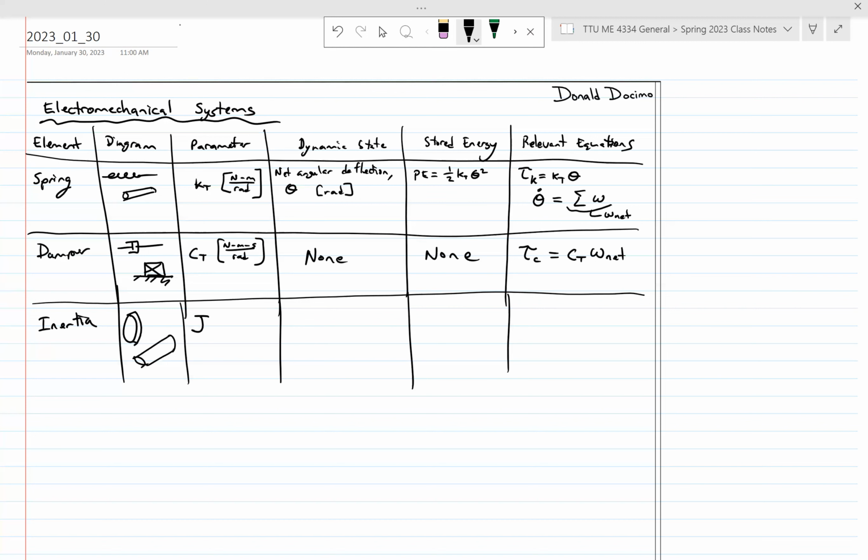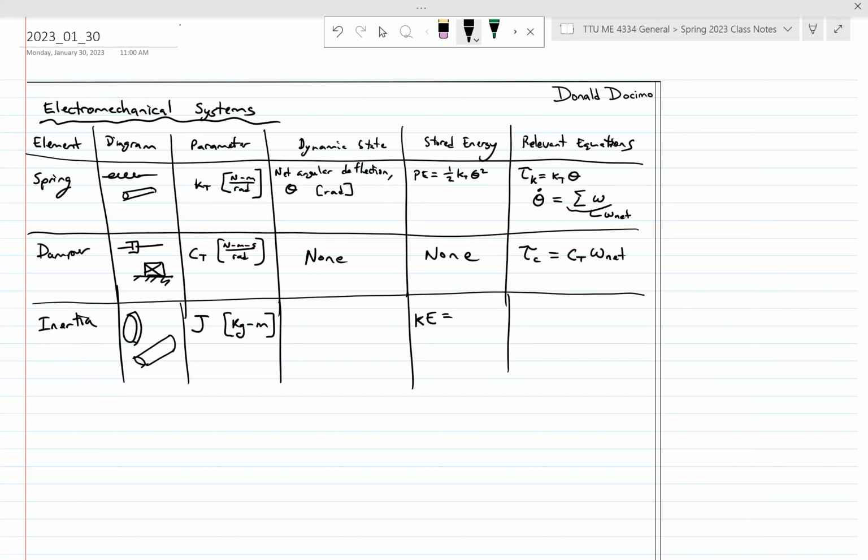I'm going to use J here. You guys have probably used I or different things here, but we're going to keep it pretty simple and always use J. J has units of kilograms meters squared, right? And so what type of energy do we think a disk that's spinning is going to have? Kinetic energy, right?